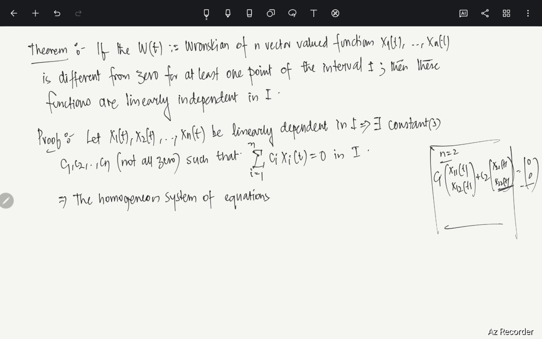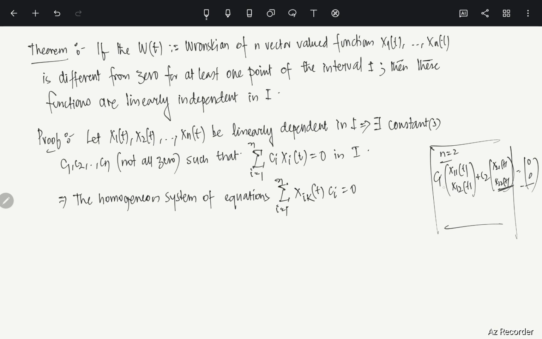Okay, homogeneous system of equations: the summation over i from 1 to n of xik of t times Ci is 0, where k is the kth component of t. Clear? You understand? I am just writing it in terms of a shorthand notation.